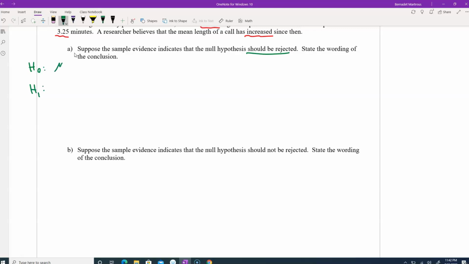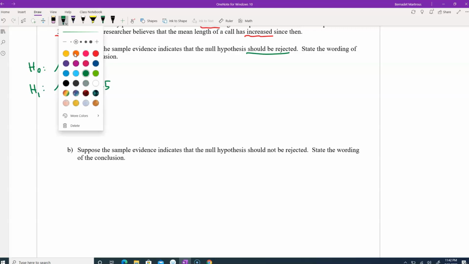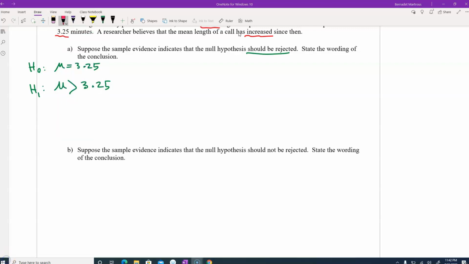Here we have mean equal to 3.25, and this one mean is greater than 3.25. This part's given that our null hypothesis should be rejected. We only need to write this in words.